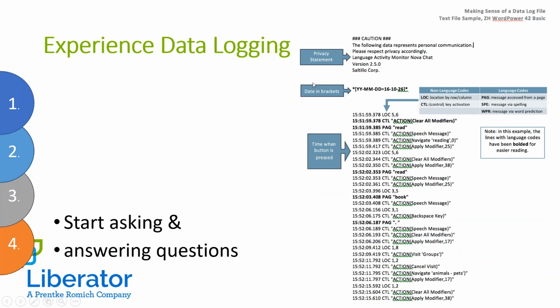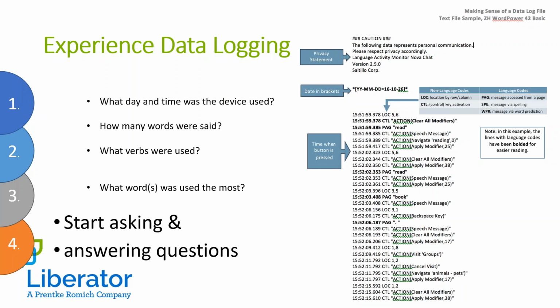And even just looking at the raw data can help us to start asking and answering some questions. It can give us information about days and times that the device was used, how many words were said. If you can see that on your screen, I know it's probably really small, but the actual voice output is bolded there.